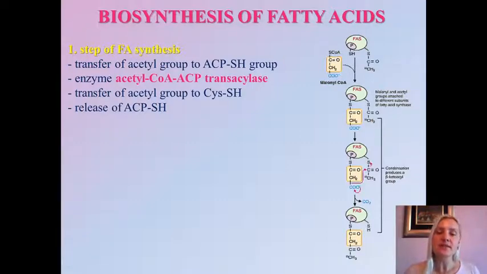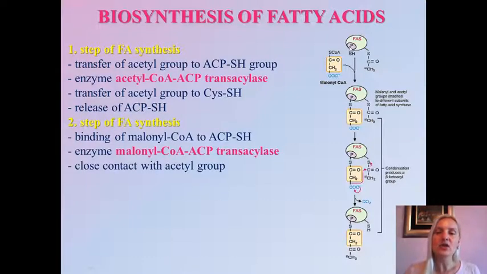The next step, the second step, is the binding of malonyl coenzyme A to the SH group of ACP protein. This binding is catalyzed by malonyl coenzyme A ACP transacylase, meaning transfer of the malonyl group from coenzyme A to ACP. Be careful: malonyl and acetyl groups are attached to different subunits of fatty acid synthase, if you have in mind that head-to-tail arrangement.